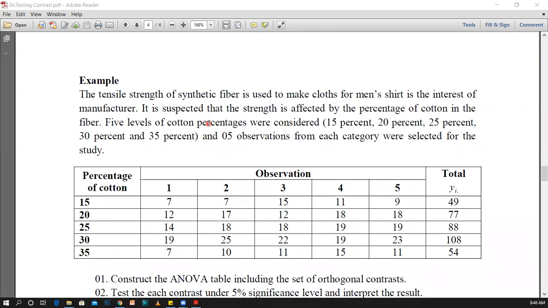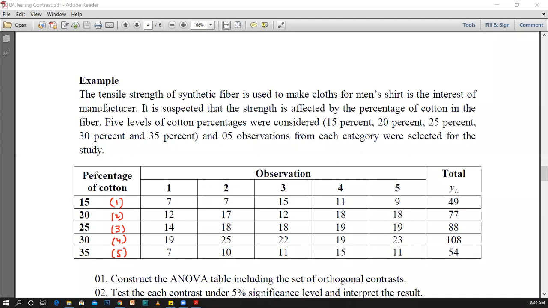They have identified 5 levels of cotton percentage: 15%, 20, 25, 30, and 35 percent. For ease of calculation, I will take these as fabric number 1, fabric number 2, fabric number 3, fabric number 4, and fabric number 5. This is just for ease of identification of these fabrics.